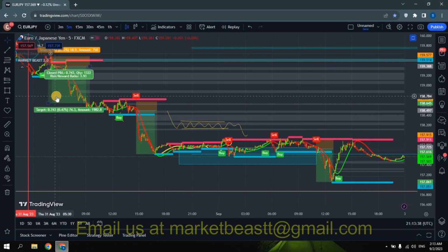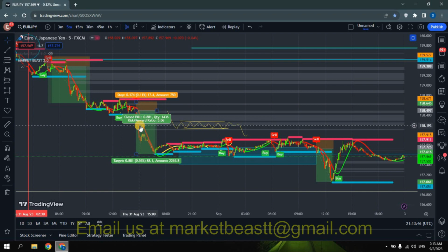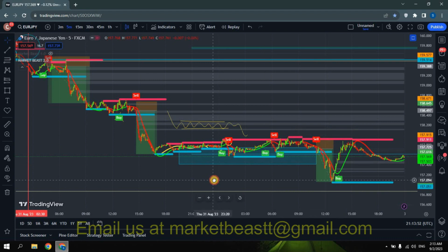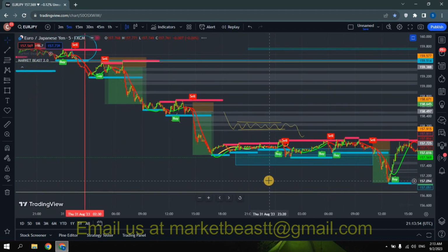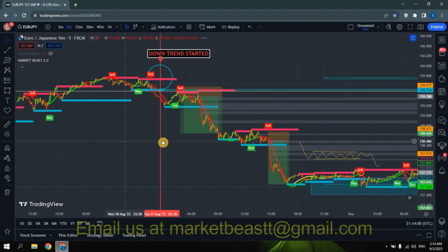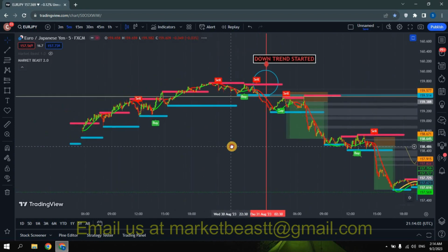The first trade was 3.93, which means risk reward 4, risk reward 5, risk reward 3.5. You can calculate the profits here. We just minimized and ignored the false trades that were causing you losses.